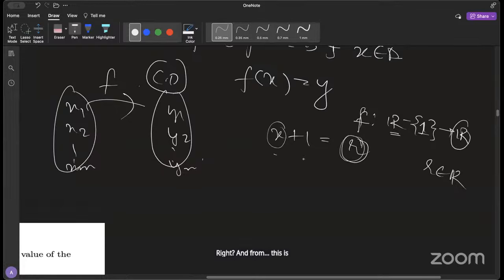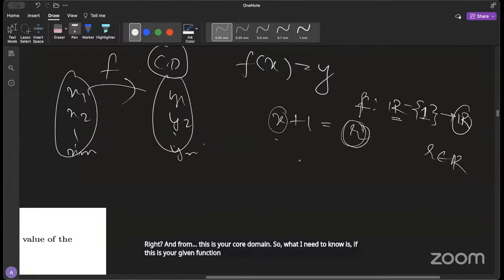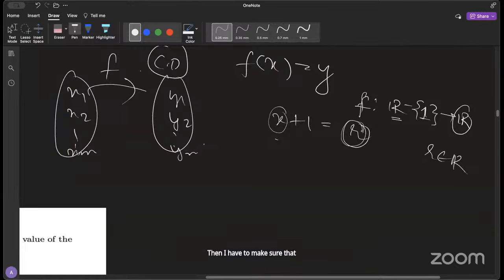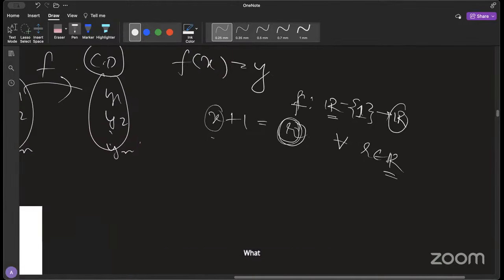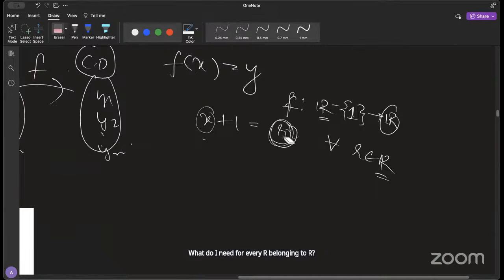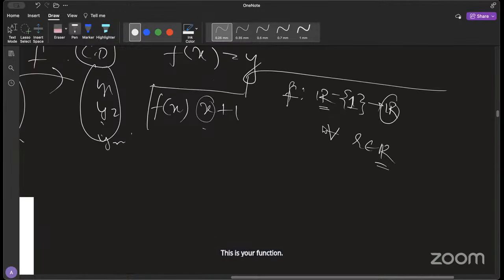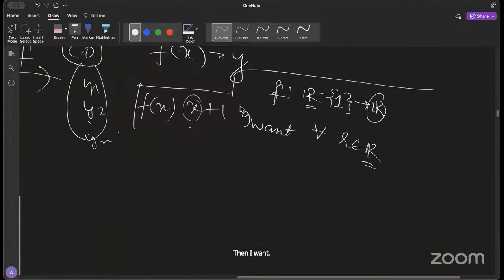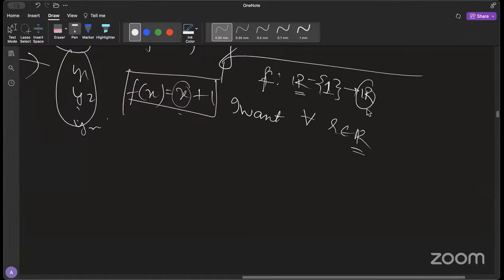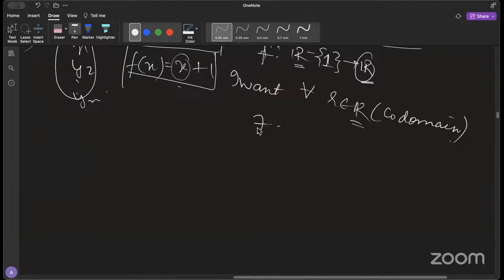If this is your given function x plus 1, then I have to make sure that for all r belonging to the codomain, there exists at least one x, meaning there should at least be one element that is mapped to this small r.